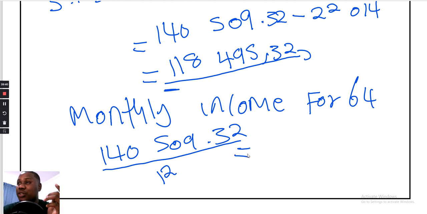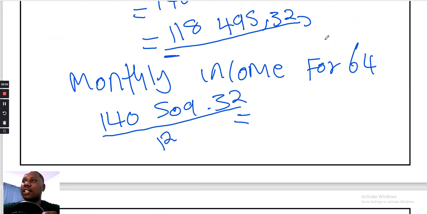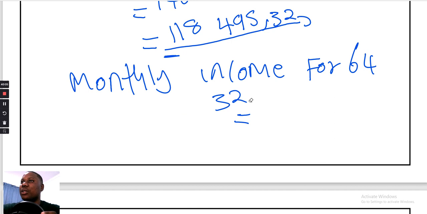So we're going to get the monthly income tax. All right. So it's 140. What am I doing? It's not 140. It's 132. I'm sorry for that. That is before the rebates. We're not talking about this one. Sorry for that.